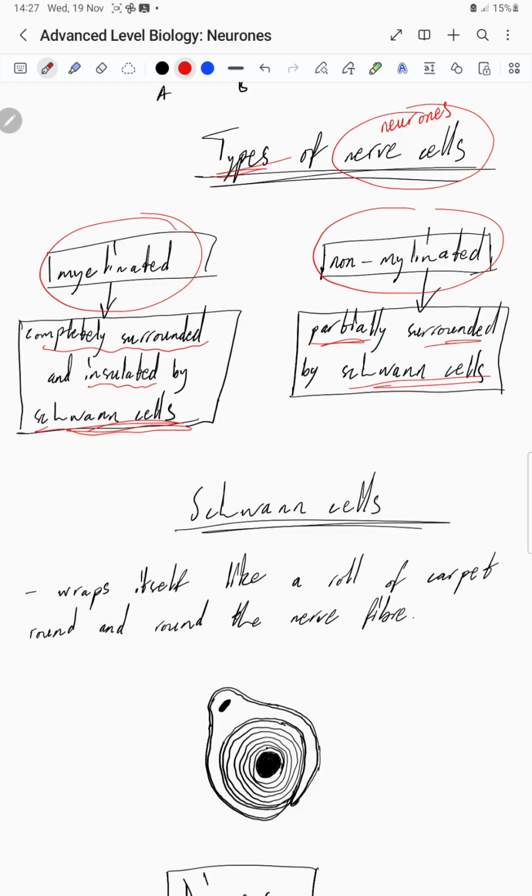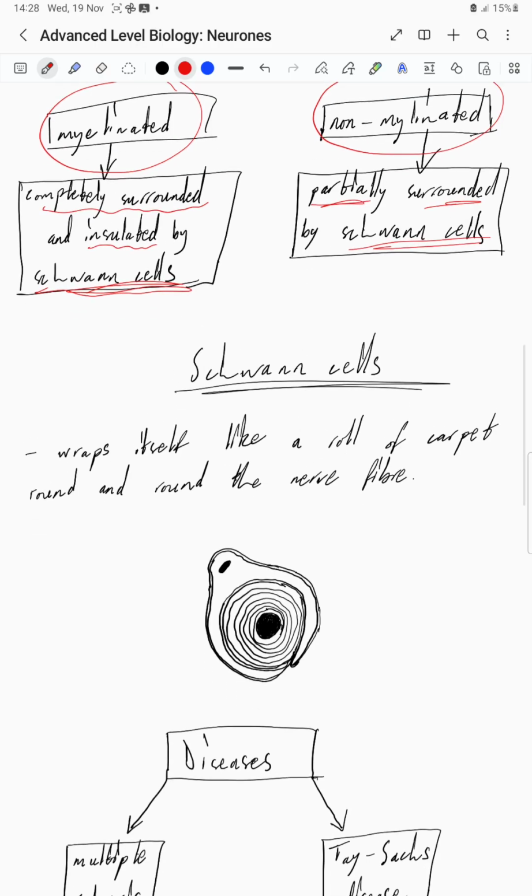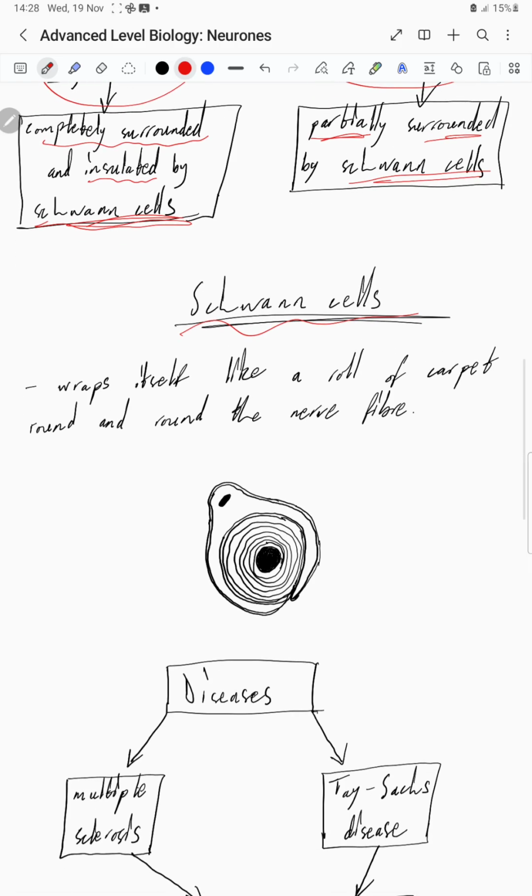Now, going on to the Schwann cells, we want to see what Schwann cells really are. A Schwann cell is a cell which wraps itself like a rolled carpet around the nerve fiber. Looking at this diagram, this is the axon, and this is the Schwann cell.